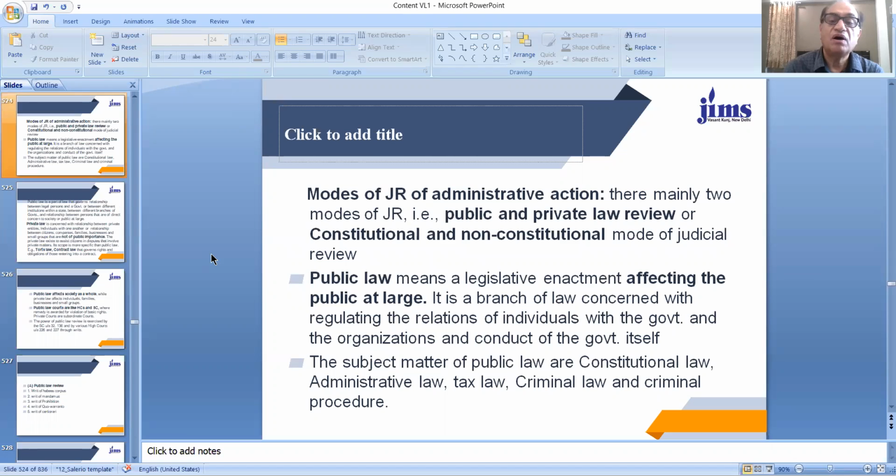Public law review here means a legislative enactment affecting the public at large. That means public law. It is a branch of law concerned with regulating the relations of individuals with the government and the organizations and the conduct of the government itself. And the subject matter of public law are constitutional law, administrative law, tax law, criminal law, and criminal procedure.